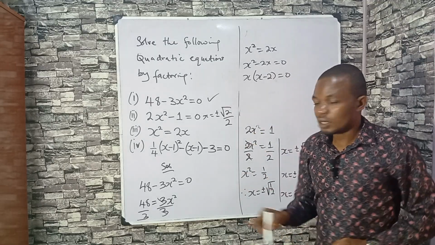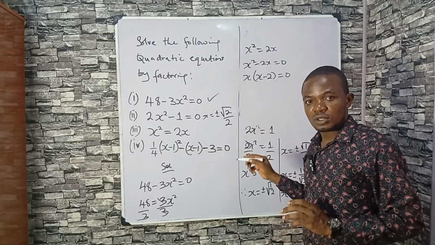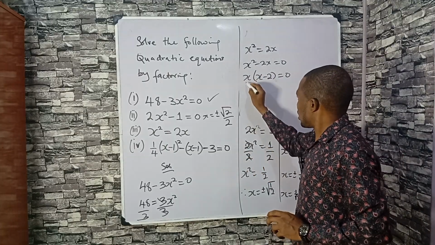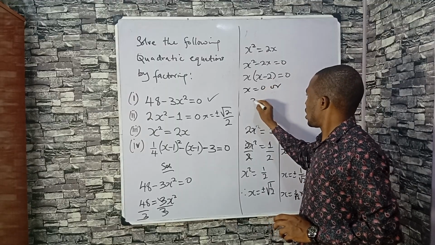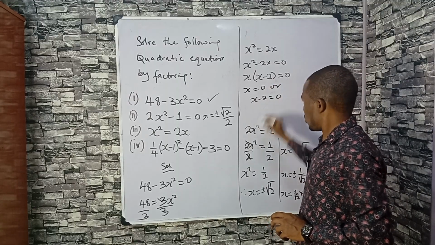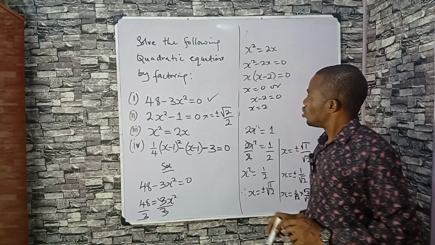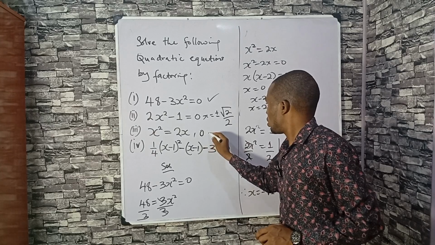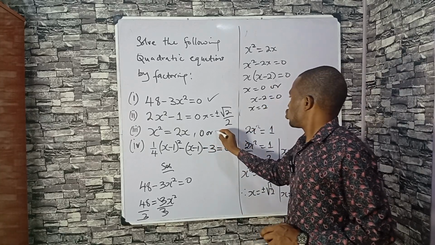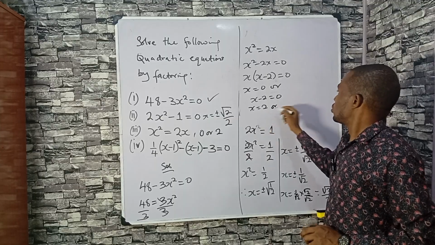From here, it shows that either x is 0 or this bracket equals 0. So x equals 0, or x minus 2 equals 0, which means x equals 2. So for this, the answer here is 0 or 2.